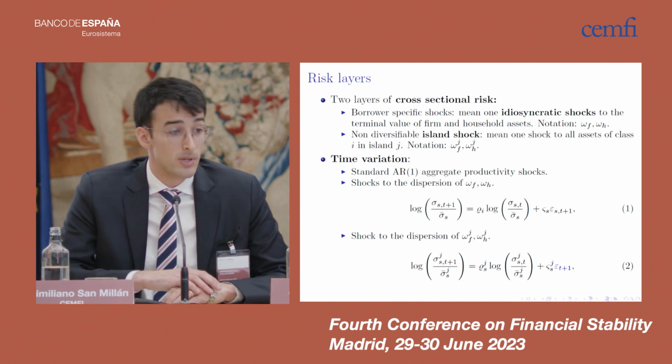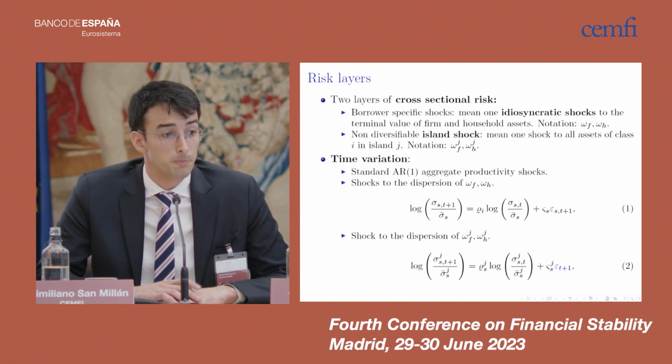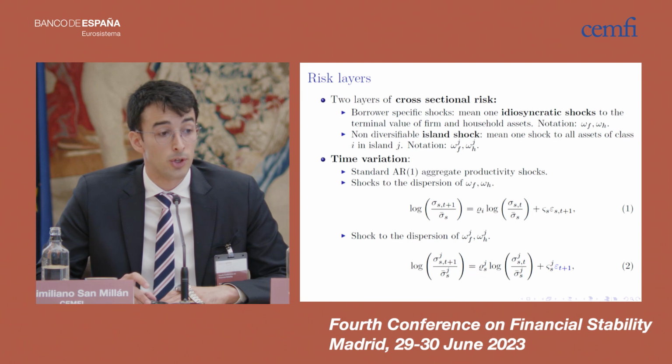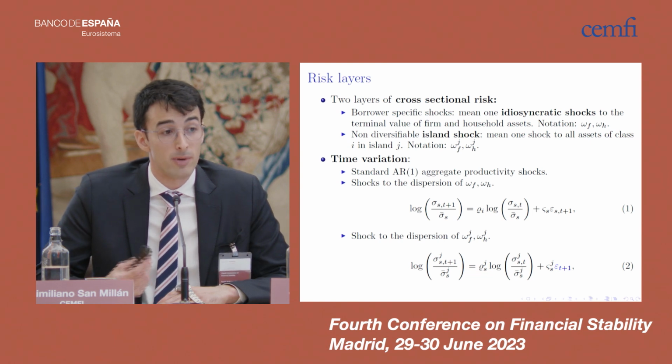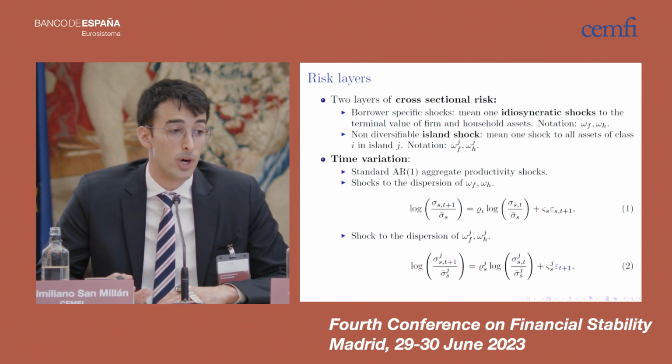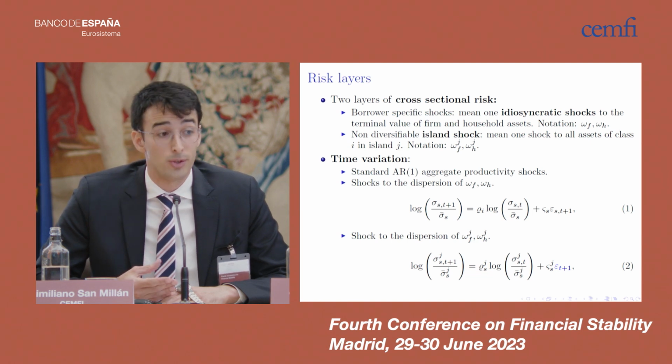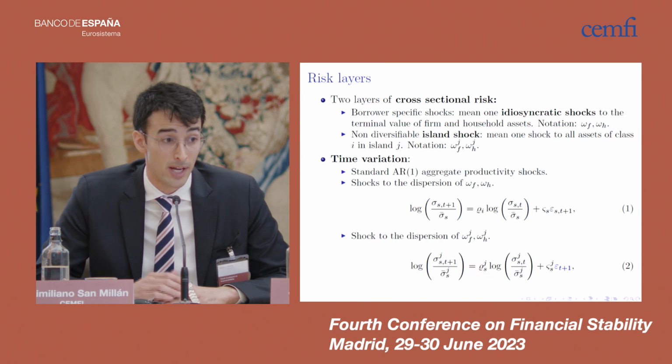Now, as it happens, when I calibrate the model, it will be the case that the mortgage sector will have a higher relative importance of the non-diversifiable component of risk. In other words, in spite of the fact that you can have on average safer mortgages, the defaults in that sector will tend to be more correlated among themselves.